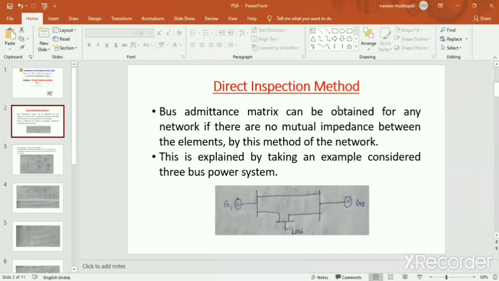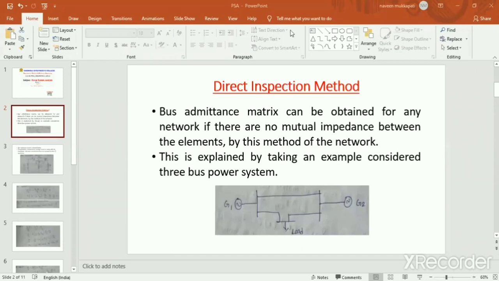The bus admittance matrix can be obtained for any network. By using the direct inspection method, we find out the Y-bus matrix.